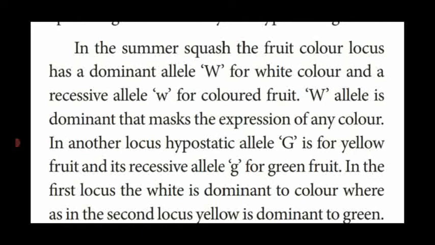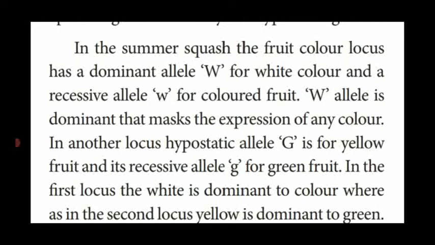So capital W allele is the dominant, which suppresses the other color of the allele. White color is there. So this white color dominant allele, that is W, suppresses the other color allele or the expression of any color. This is the one locus of a gene.